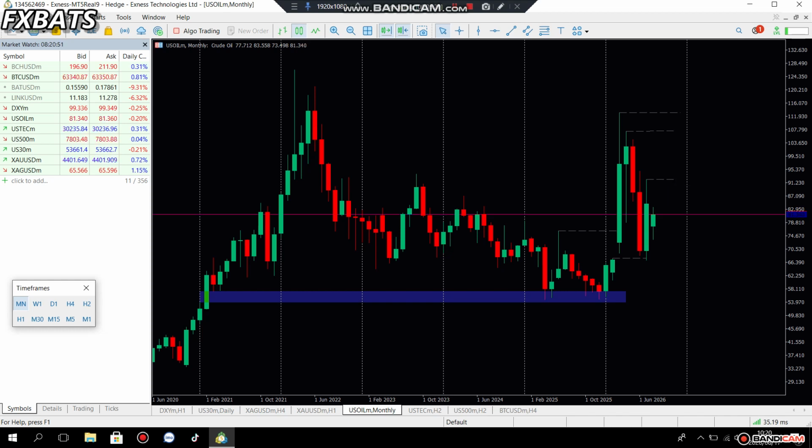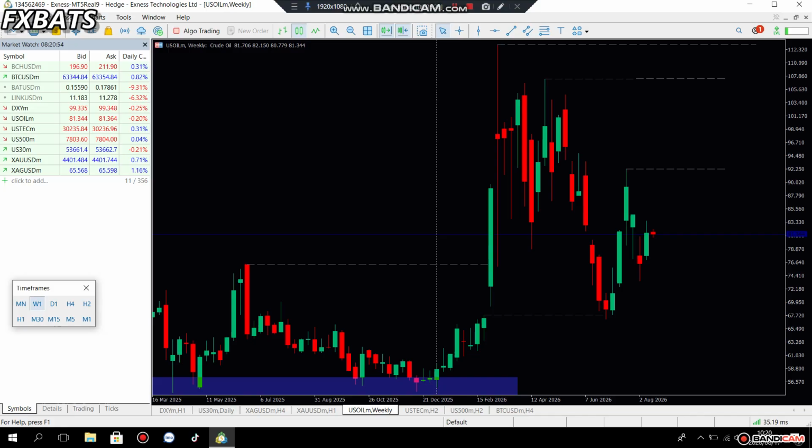Understand? So we have to come lower to the weekly time frame. We're just looking for the context. Weekly is clear enough. You can see price reacted off of this monthly order block, we created another fair value gap, which got used up. Understand? So we got a 2 candle rejection here.